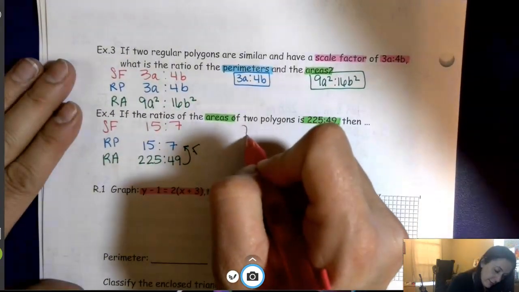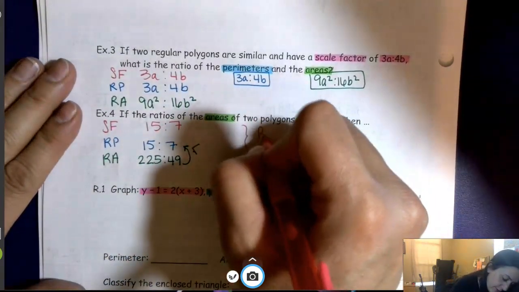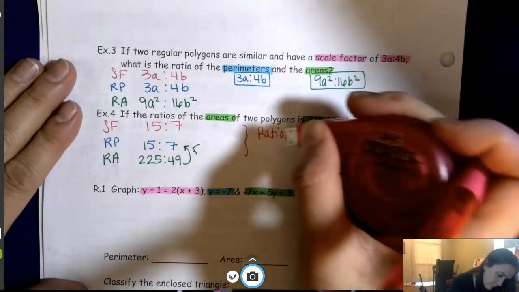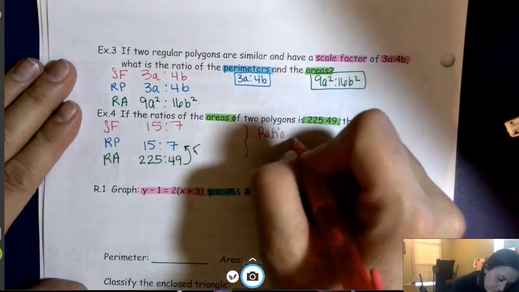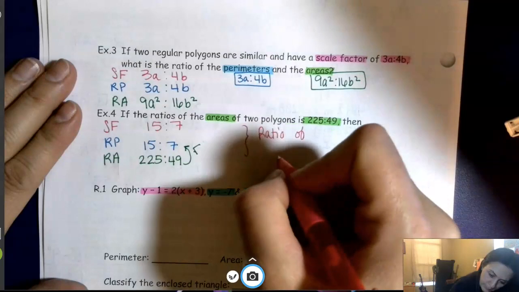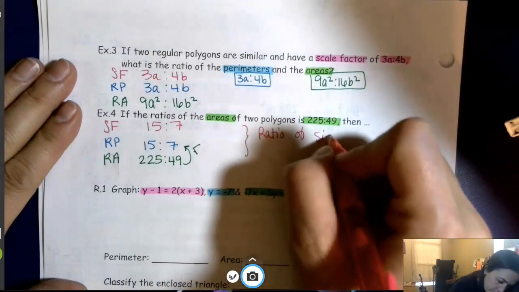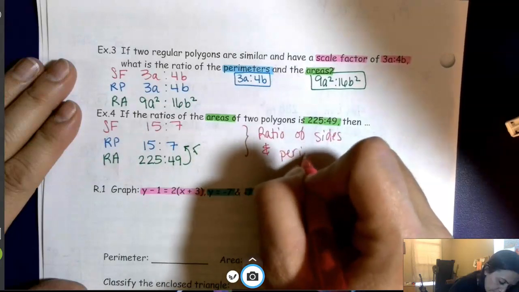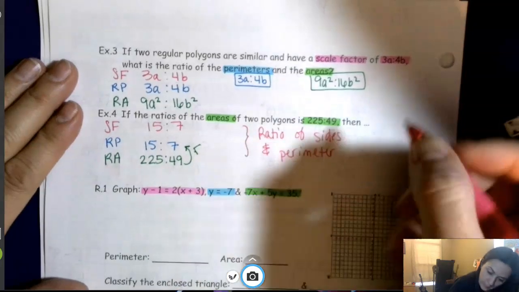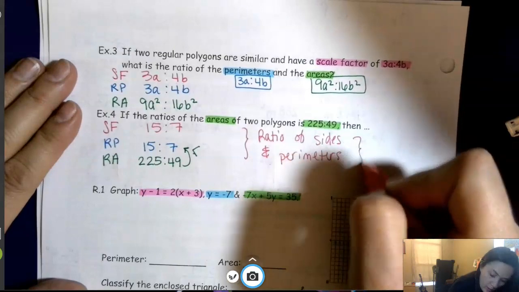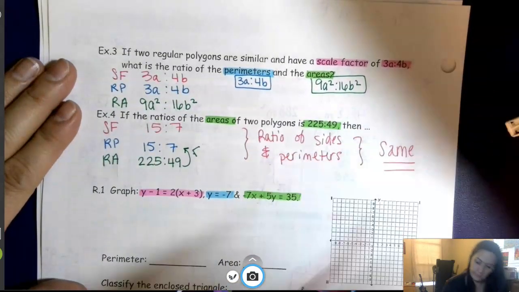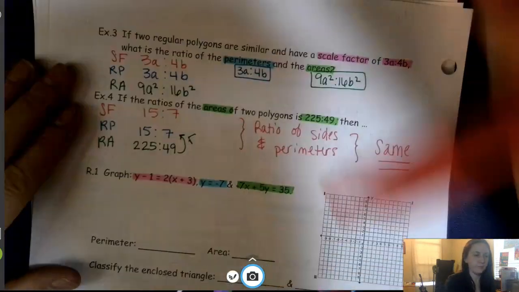Remember, every single time, ratio of sides are always the same. Every time, no matter what.